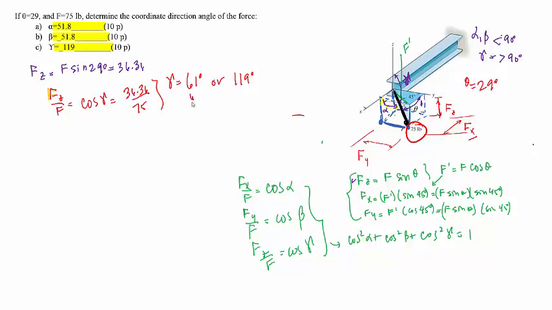This is 180 minus 61. And I know that in this case it has to be 119 because it's larger than 90 degrees.